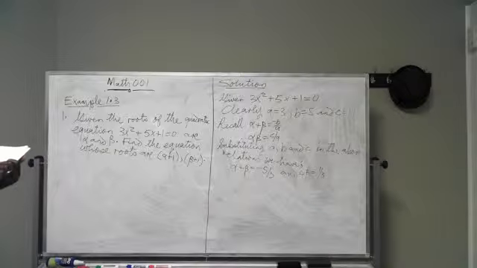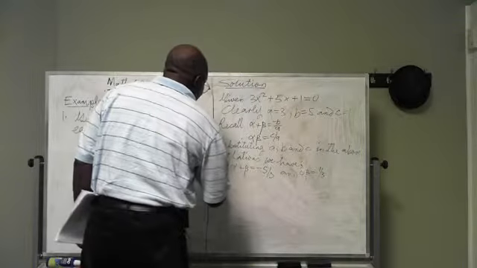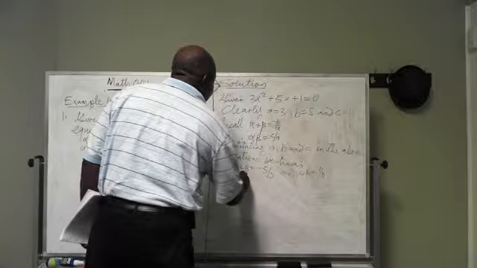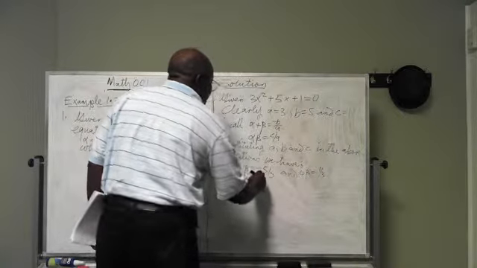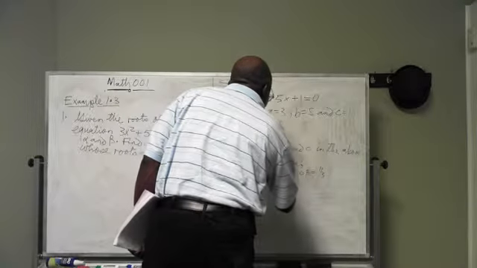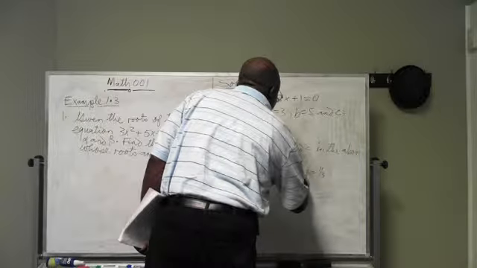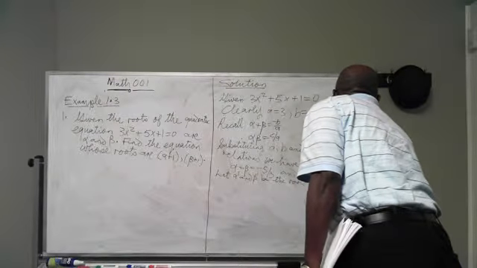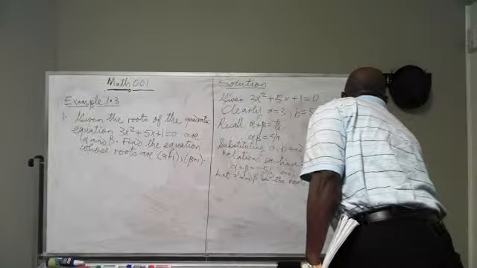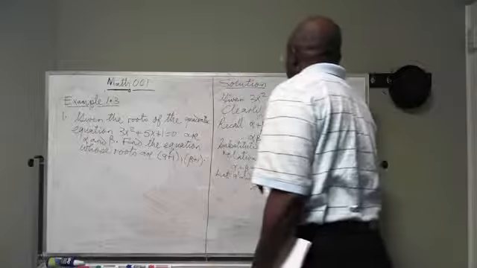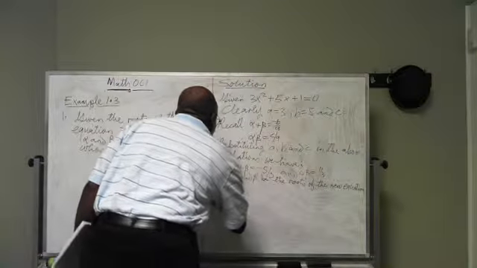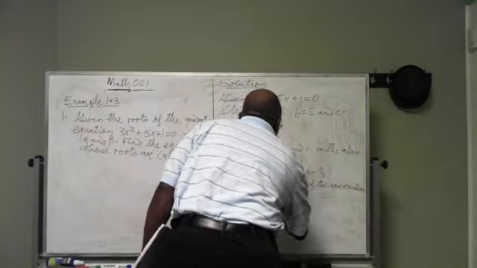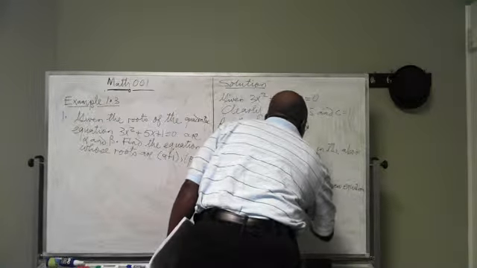Now we'll let the roots of the new equation be alpha prime and beta prime, where alpha prime equals alpha plus 1 and beta prime equals beta plus 1.